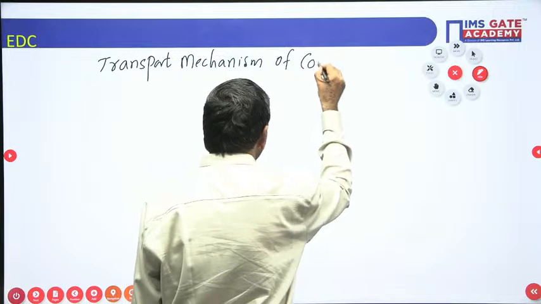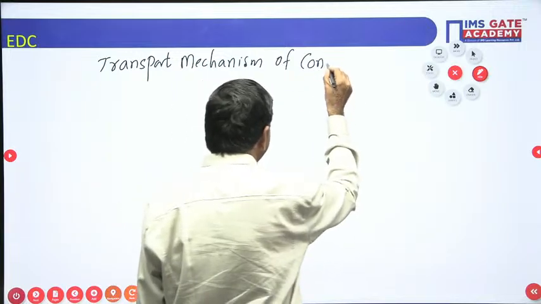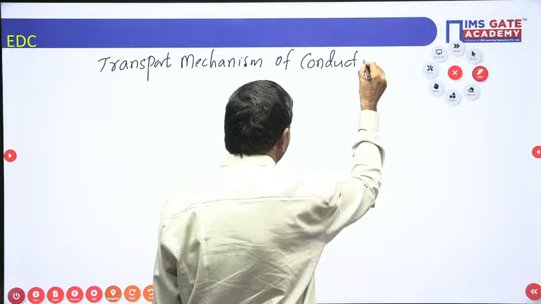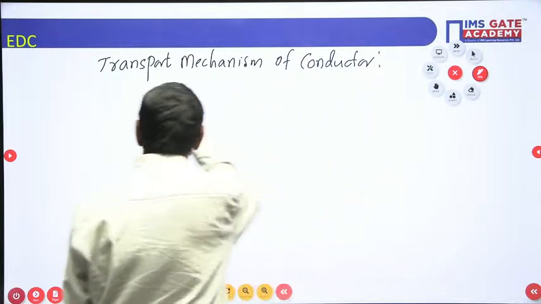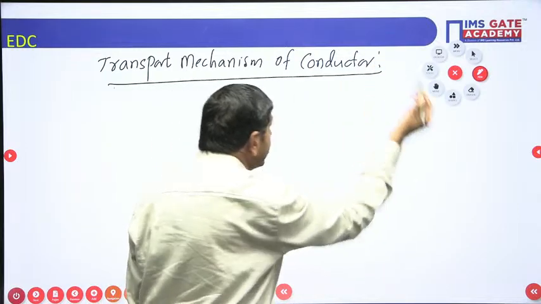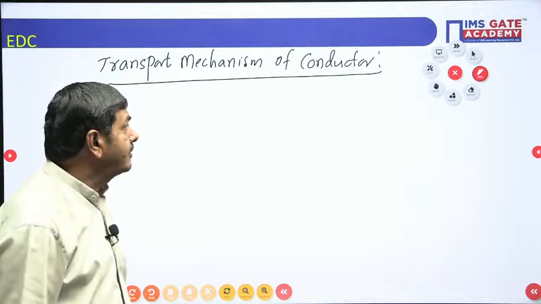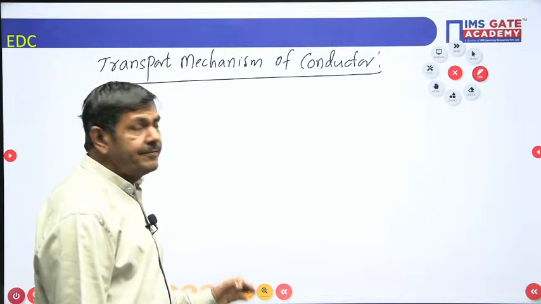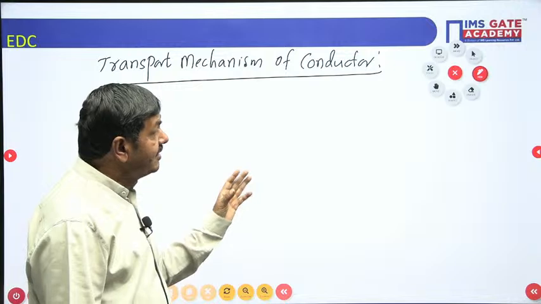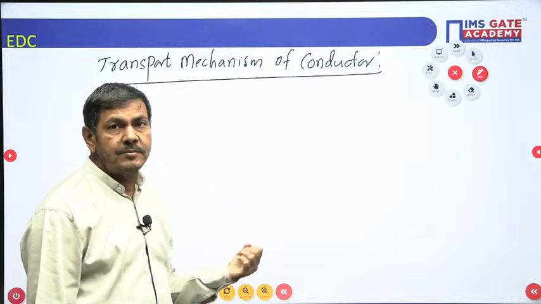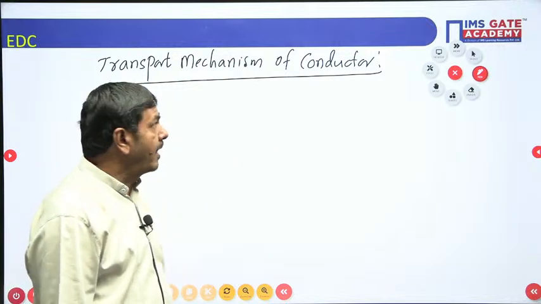Initially you must know the transport mechanism of a conductor. From that, I can give the transport mechanism of semiconductors also. Certain definitions are important, and using those definitions we are going to create the formulas.